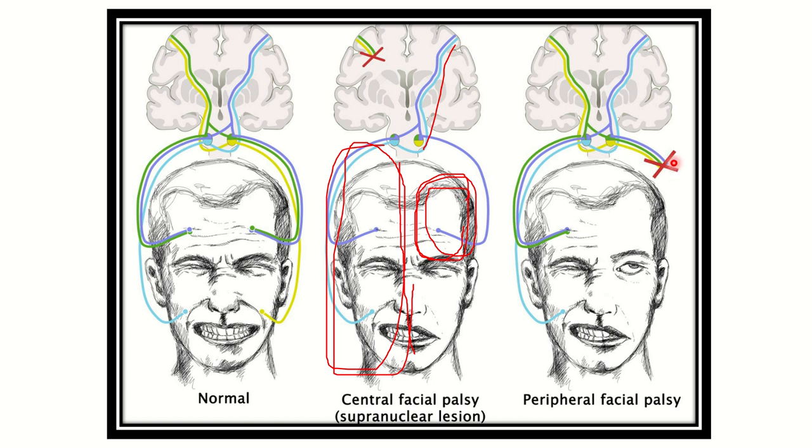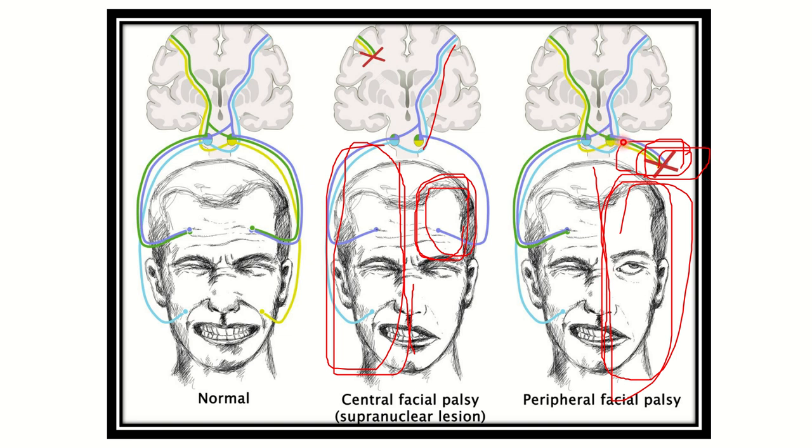Then we can see this is the lesion in the lower motor neuron. Here we can see this is the lower motor neuron type of lesion, and in this case, when a lower motor neuron type of lesion occurs, then the whole side of the face is paralyzed. So here we can see this whole half of the face is not getting supply from the facial nerve when the lesion occurs beyond the nucleus of the facial nerve.